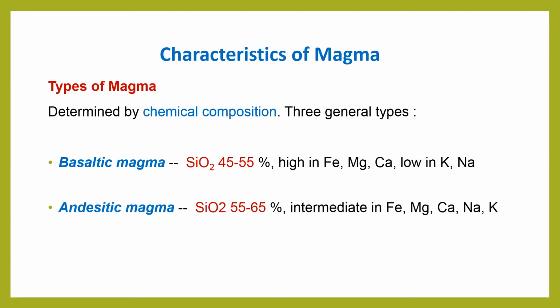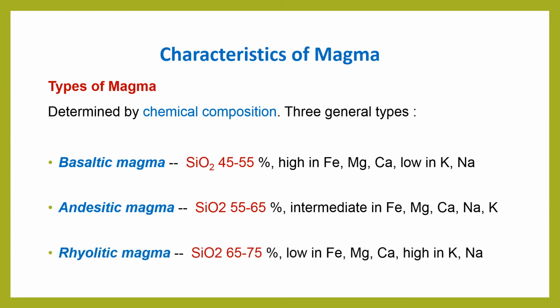If you go higher in silica content, you will see the rhyolitic magma, which has high silica content from 65 to 75%, and is low in iron, magnesium, and calcium, and high in potassium and sodium. So it is very easy to classify those types of magma according to the silica content.